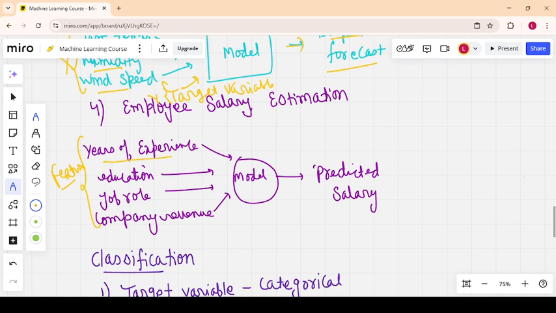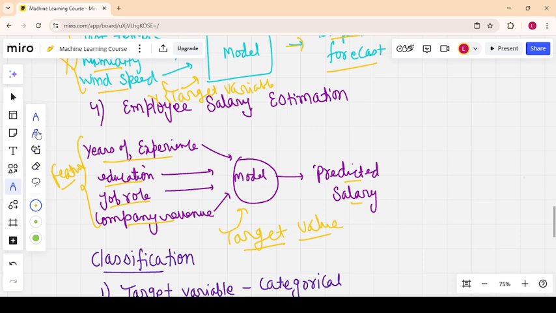So the features are your experience, the level of education, the job role, and company revenue. And we also give a target value in the format of a continuous value, and we feed these features and the target value, and we get a trained model. We can use this model to predict the salary of an employee.